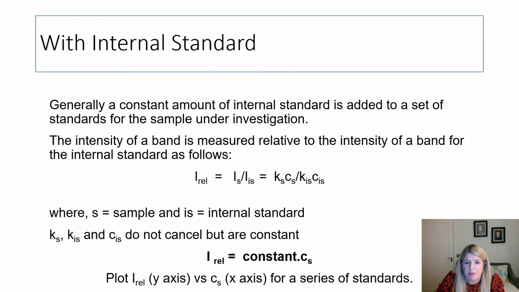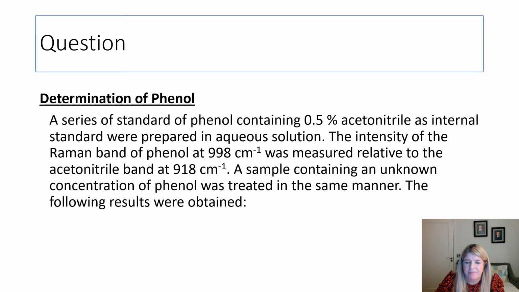And then what you do is you plot this I relative versus the concentration of your sample standards on the x-axis. So here's a question. If we want to determine the amount of phenol in a sample, a series of standards of phenol containing 0.5% acetonitrile as an internal standard were prepared in an aqueous solution.